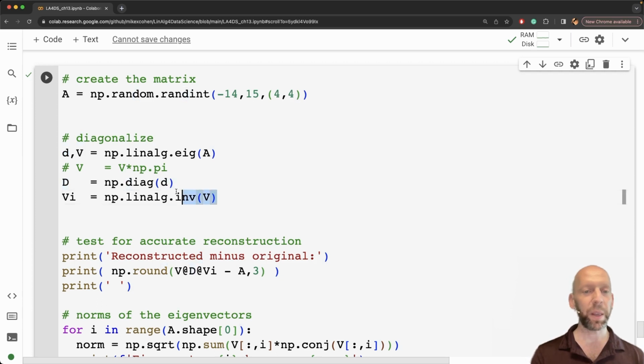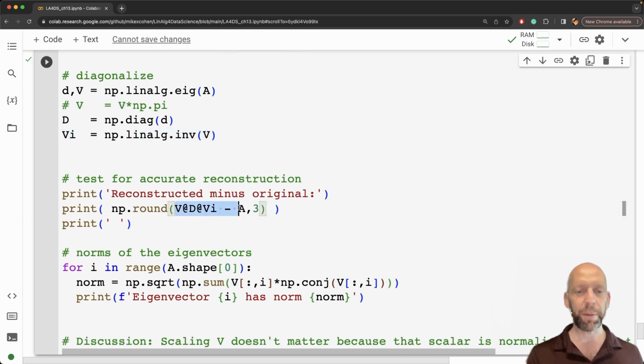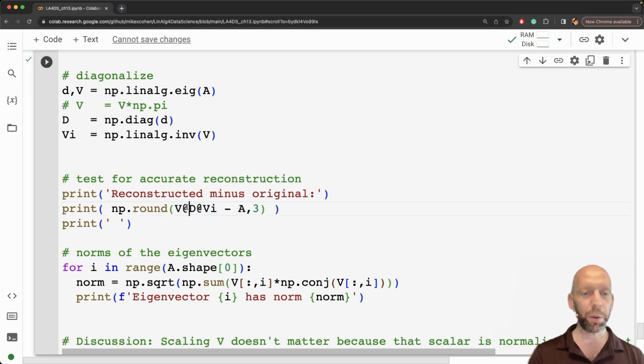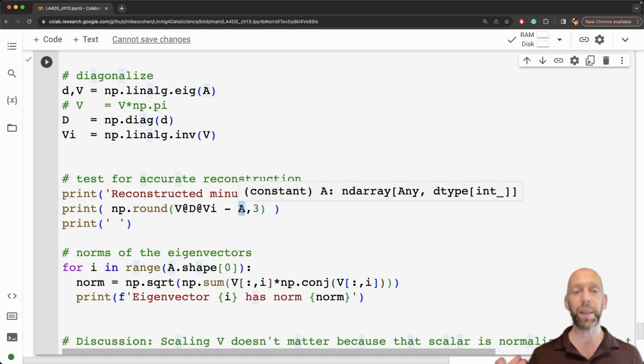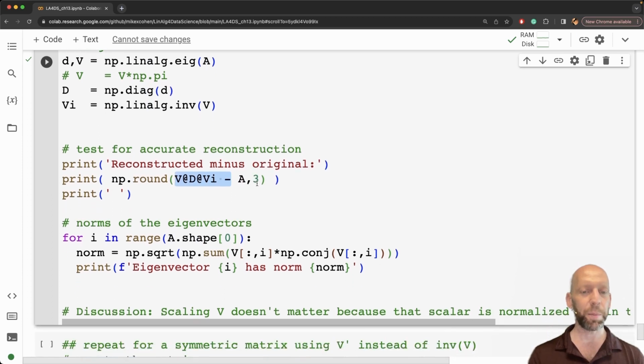And here I compute the inverse of matrix V of the eigenvectors. You've seen this several times before, so it's no surprise that this product matrix and the original matrix are the same, at least within some reasonable rounding error. Subtracting them should give us the zeros matrix.